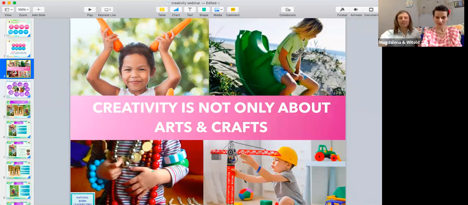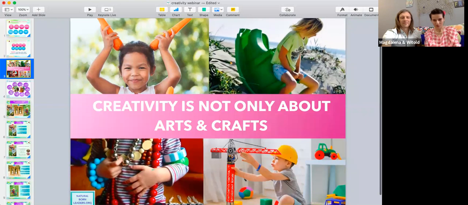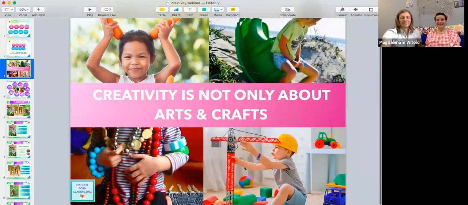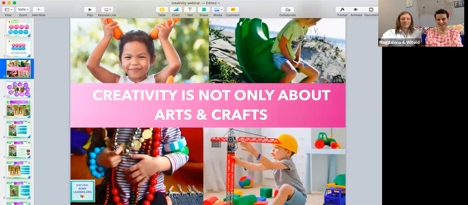Then at the bottom left, we have a child who must have used the entire collection of beads to create an outfit. As far as I remember, it's our son, from the nursery. He used the entire collection of beads and bracelets, and this is his way of expressing himself in this particular moment, to create an outfit.